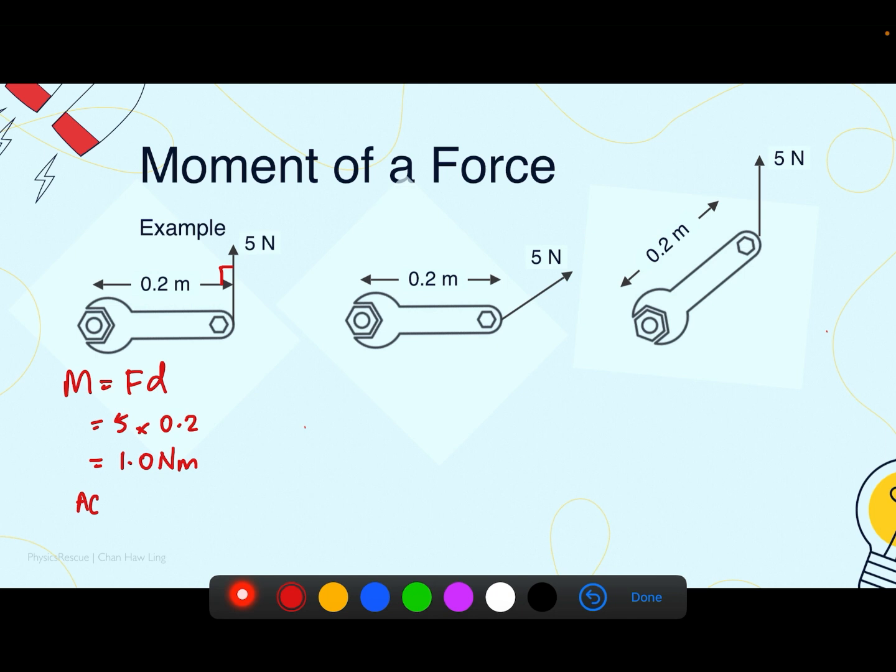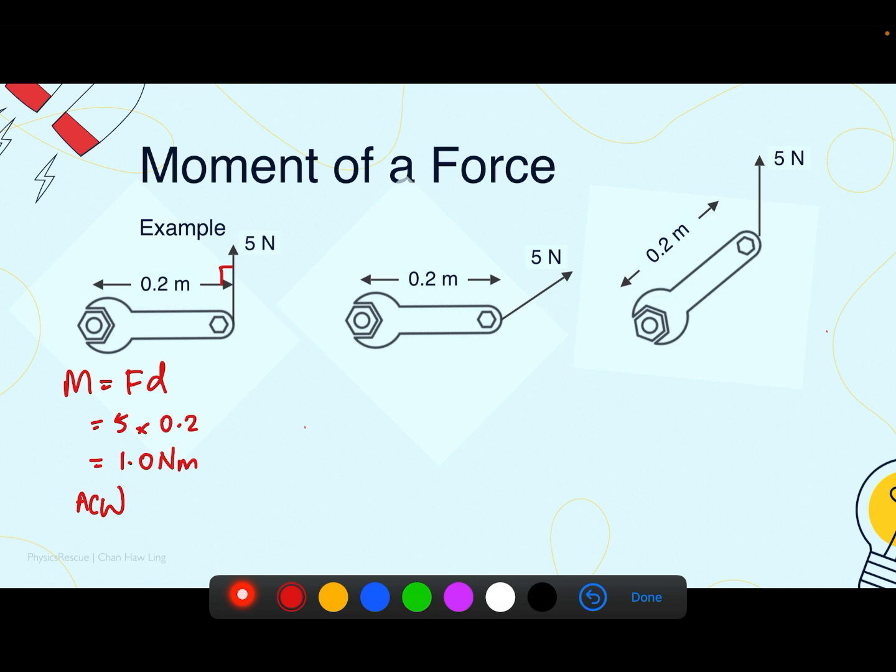I'm going to write the direction in short form because moment is a vector, so we always need to write the direction. In the second example, the 5 Newton force is no longer at right angles to the 0.2 meters.